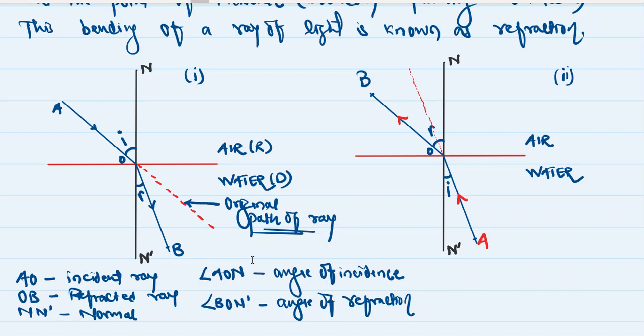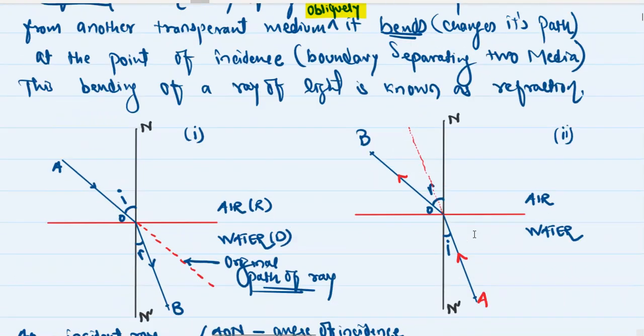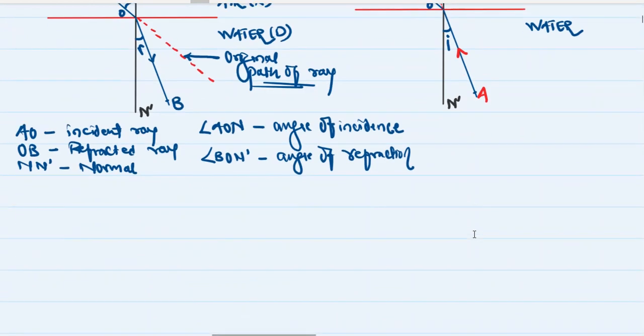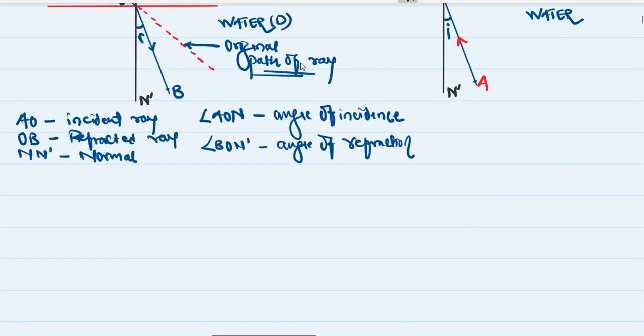We will come to know more about this optical density or rarer and denser medium in detail when we go ahead in this chapter. But because the concept should not be very strange for you, let me tell you the optical densities of a few mediums. Let me compare them for you.